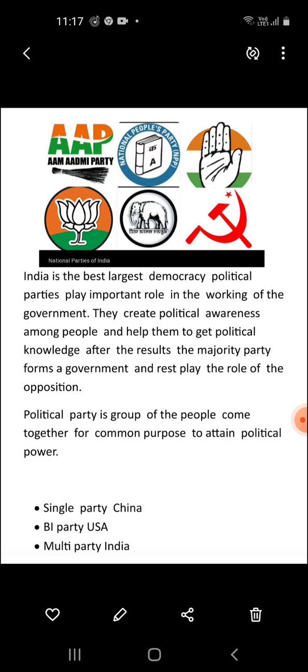And there are 6 national parties in India, 56 state parties and 2796 unrecognized parties. So this is all about election, voting behavior and political party.